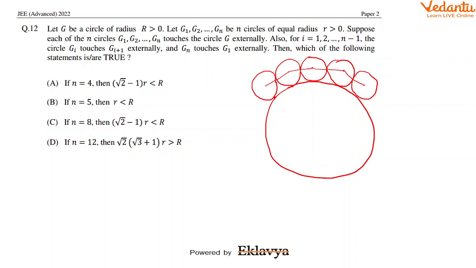Considering any two consecutive smaller circles and the center of the bigger circle. As the smaller circle and bigger circle are touching each other externally, the line joining centers must pass through the point of contact, and similarly for this case.